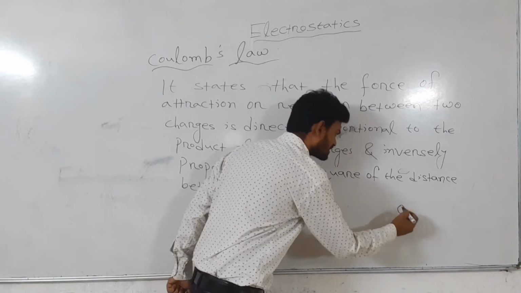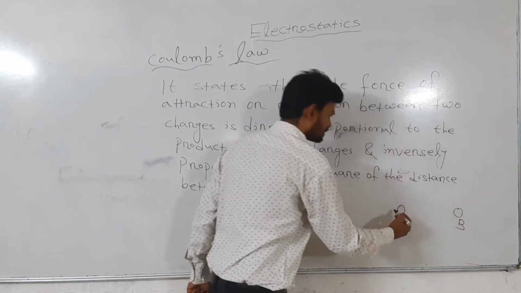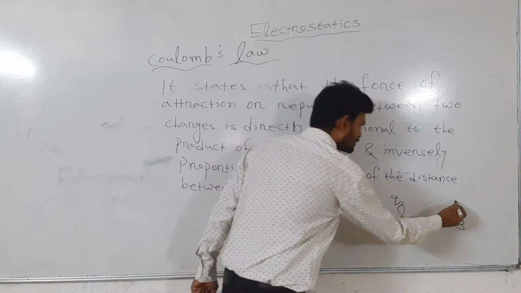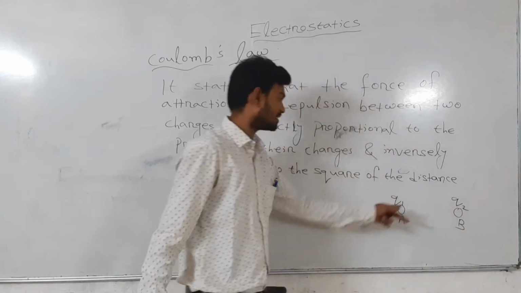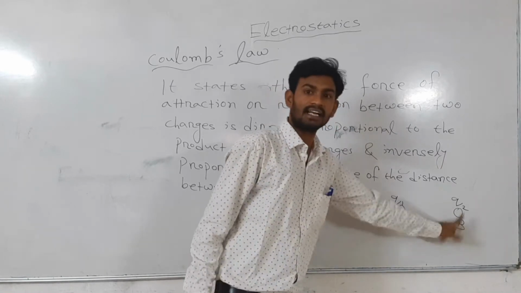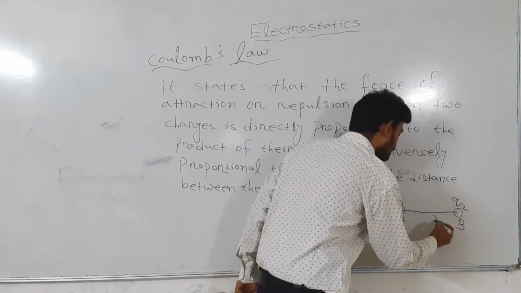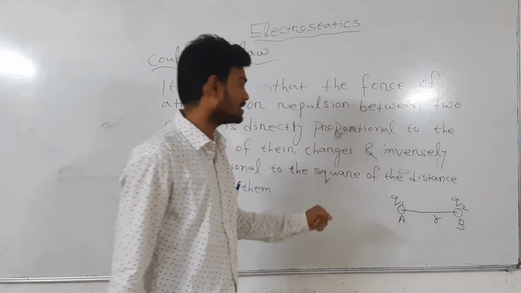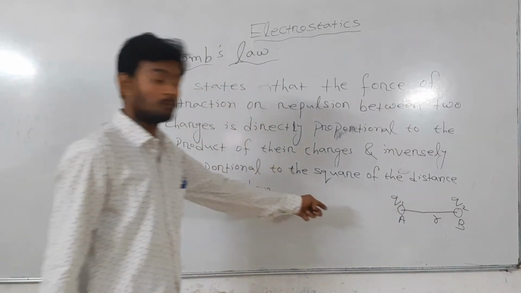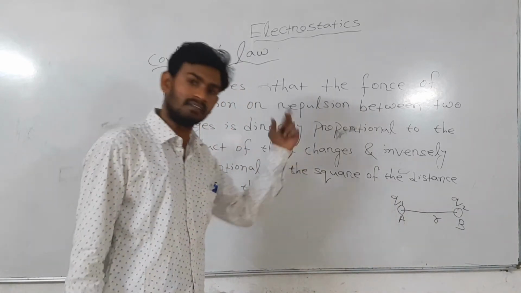Consider two charged bodies A and B having charges Q1 and Q2 respectively, placed at A and B, and the separation between them is R. Now we want to find the force between these two charges, first in scalar form and then in vector form.